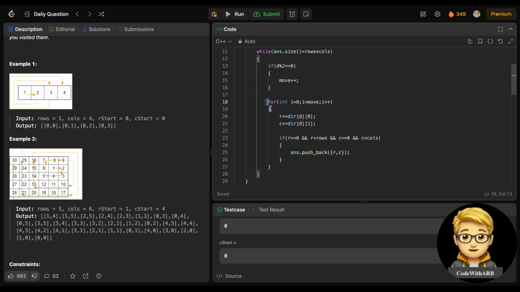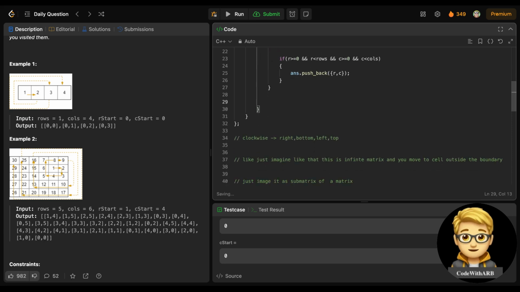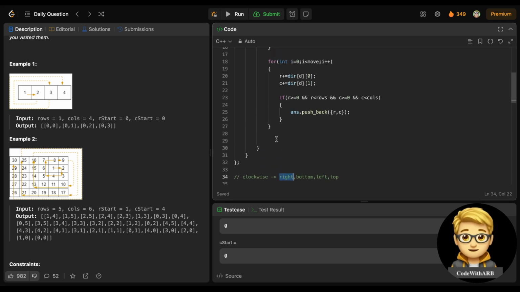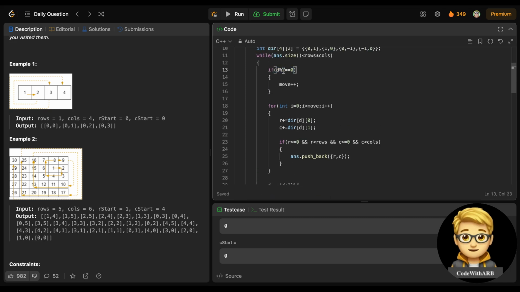After each move, I need to change the direction. First direction is right, then I need to change the direction. So direction would be D plus 1, and this direction can go further than 4, so I will take modulus 4. Now you have understood why I have taken D modulus 2.